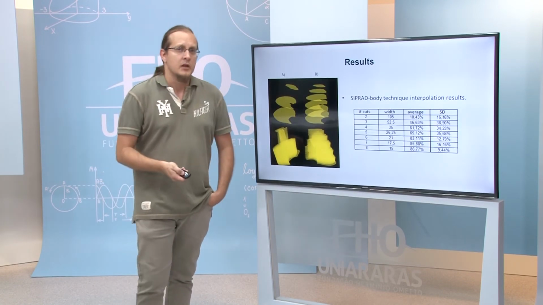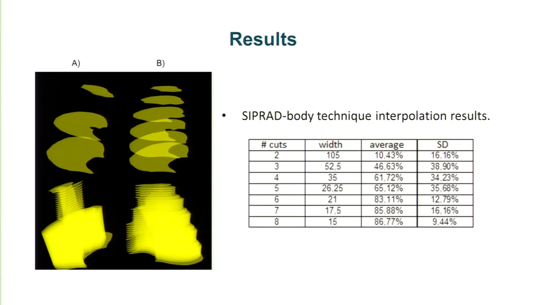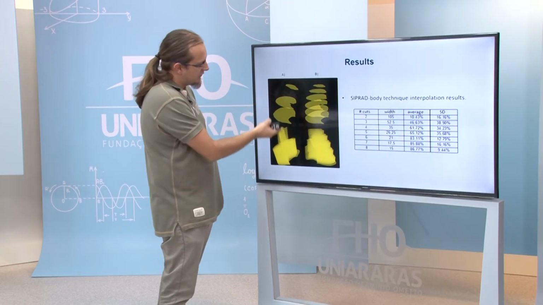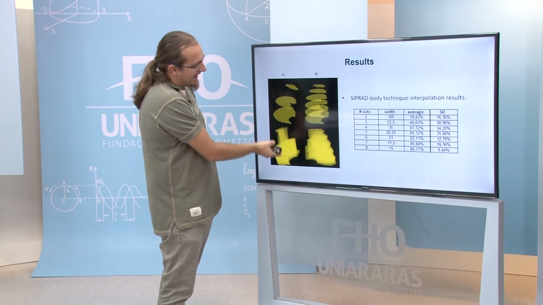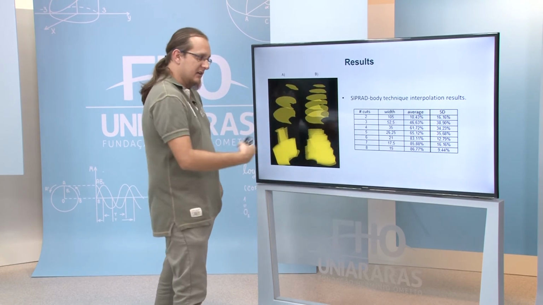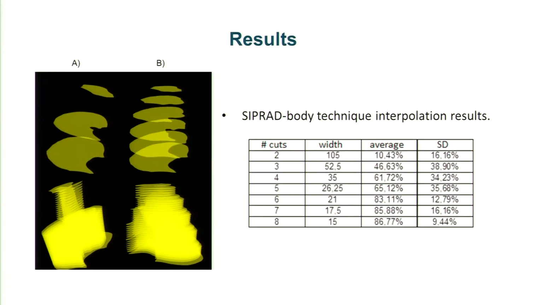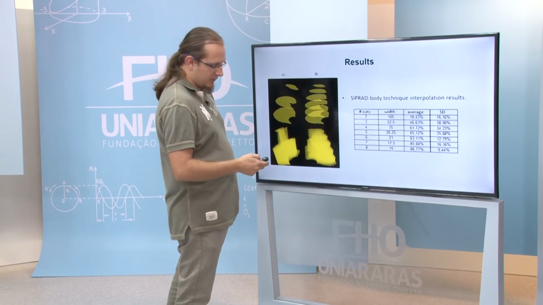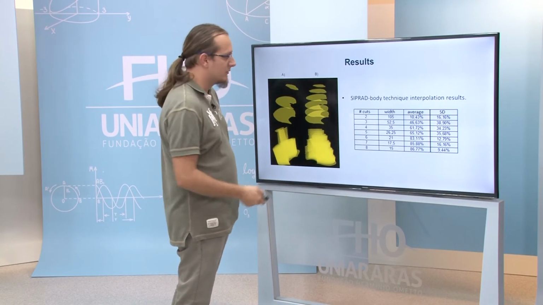The results are related to how many cuts are needed for a good solution. Now it's possible to see the 3 and 9 interpolation, and 6, whatever. In the cuts, the width is different. The length of the cut is different for this comparison of interpolation results.